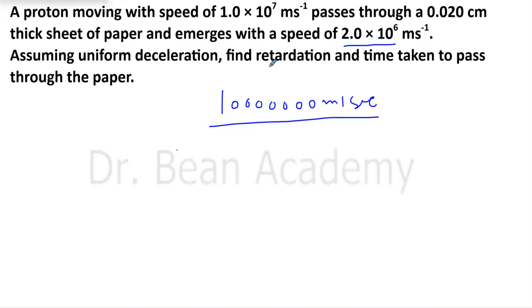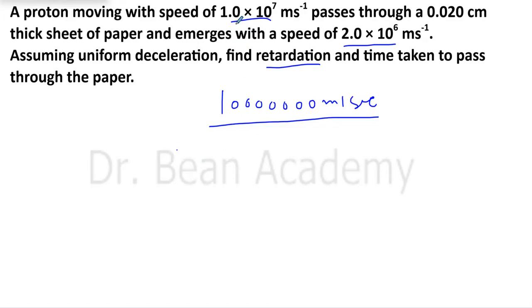And now we need to calculate retardation. So do you know what is retardation? Retardation means the decrease in the velocity, a measure of decrease in the velocity, because now we can see initially the velocity was 1 × 10^7, but now it's 2 × 10^6 meter per second. So velocity is a little bit decreased. We need to find this decrease in the velocity, and from previous knowledge, this is the change in velocity, right?